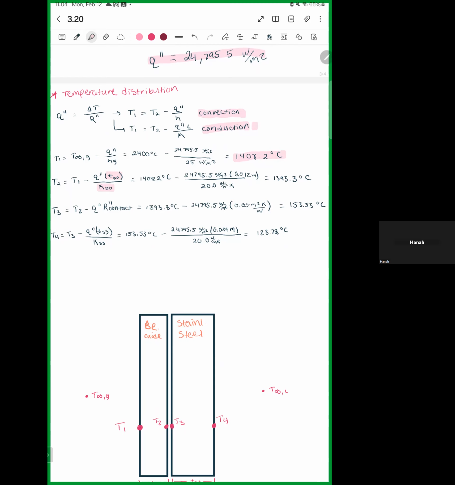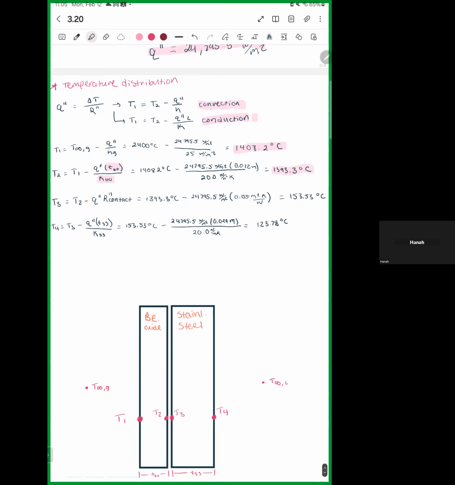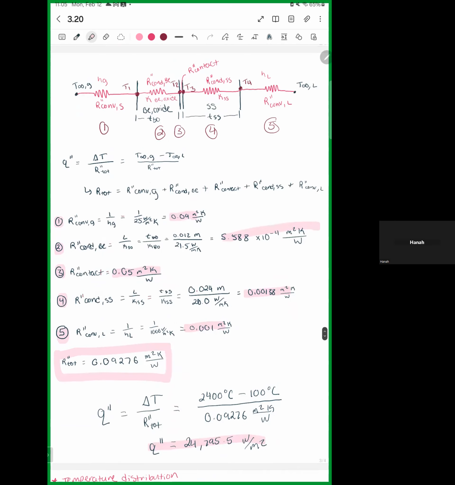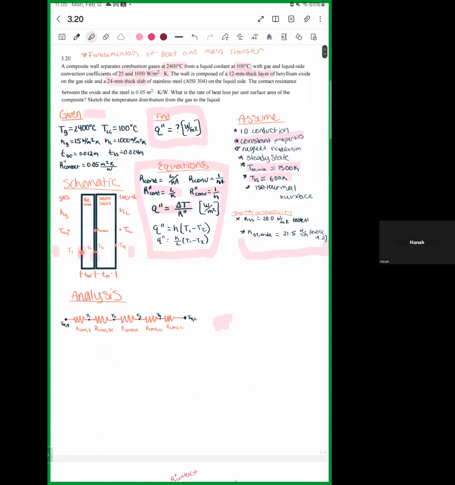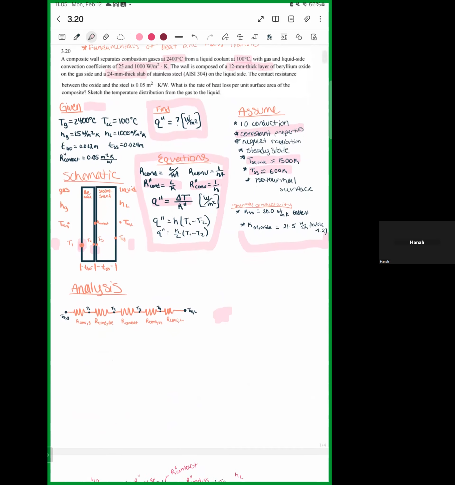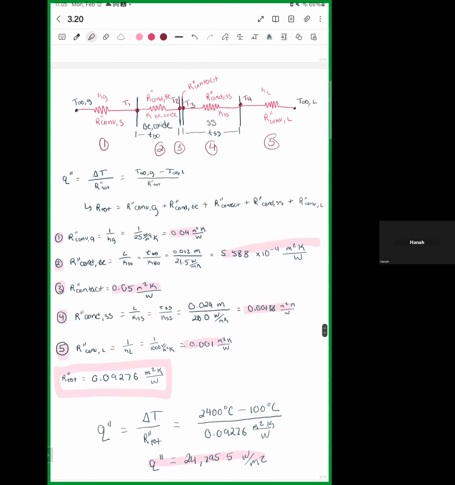And when you plug those numbers in, you get 1,393.3 degrees Celsius. Then to find T3, it's actually just the contact resistance between the two materials.